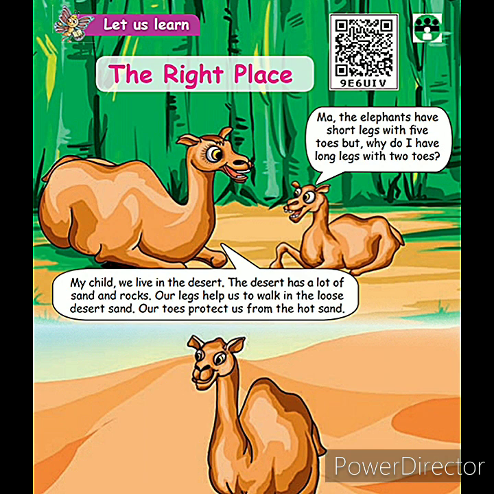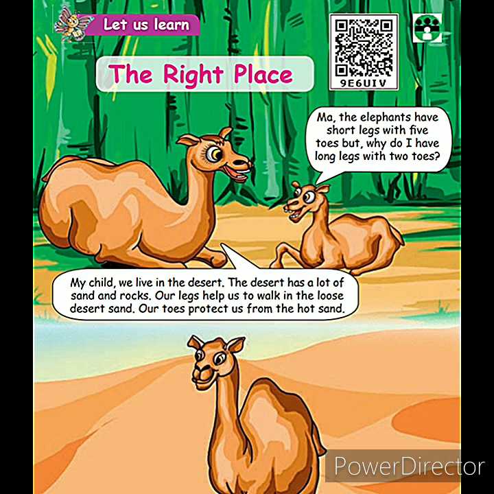So what did the baby camel ask? Yes, it asked, Ma, the elephant has short legs with 5 toes. 5 விரல்கள், 5 toes. Why do I have long legs and 2 toes? Now let us see what the mother said.